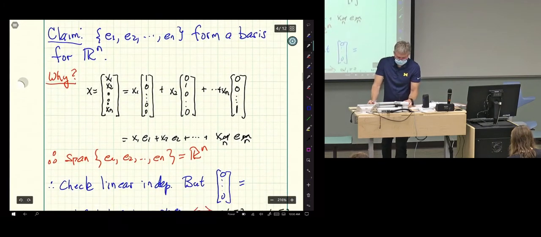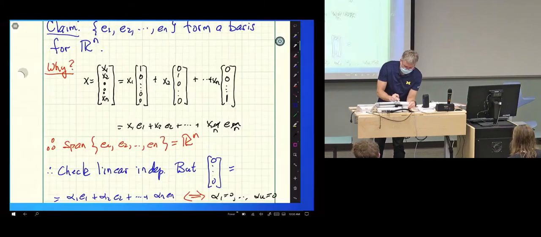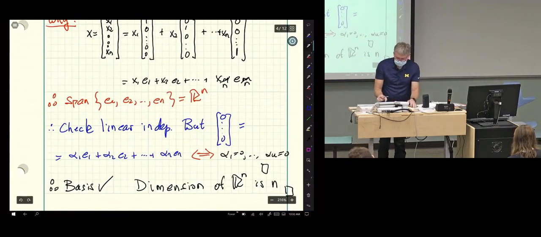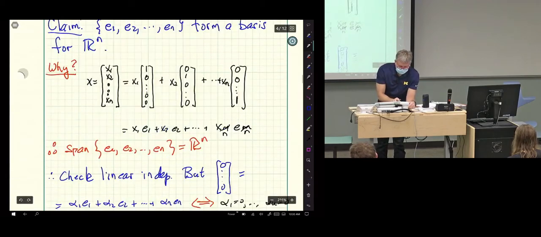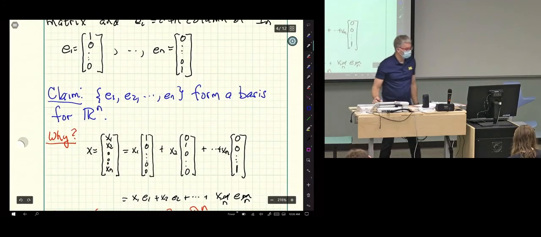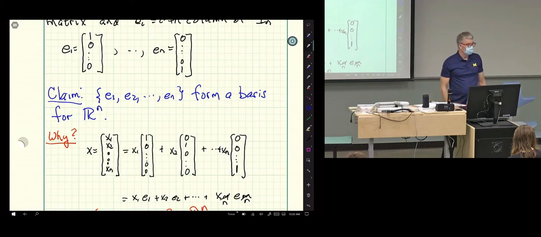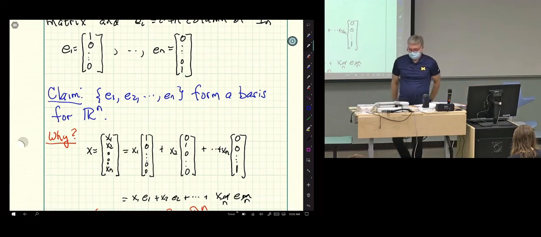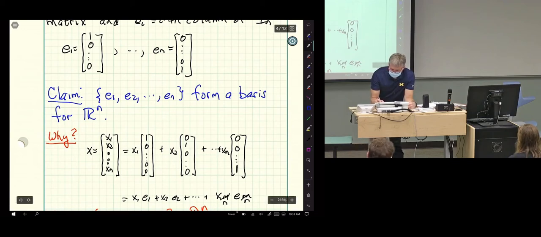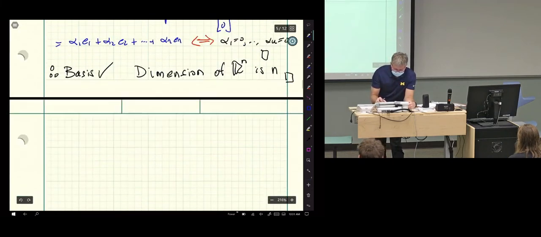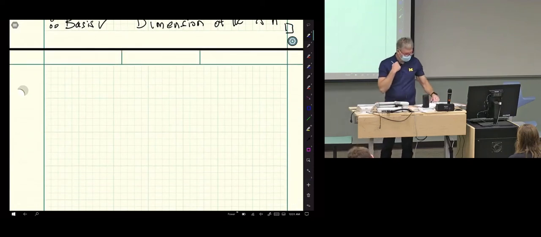So that's one basis lying around for Rn. Are there questions on why the vectors e1, e2, en form a basis? That seems almost intuitive. Yeah, so there's one basis. Are there lots of bases for Rn lying around? It's kind of our next question. Or there's only one type of basis. So that's a basis for Rn.